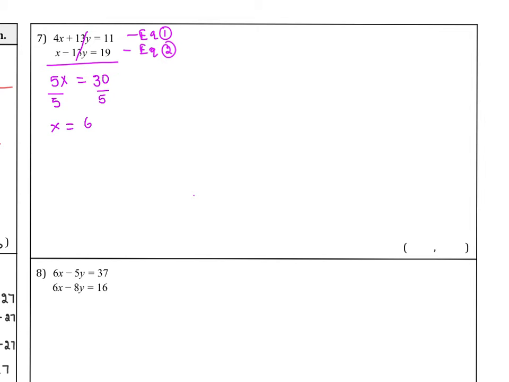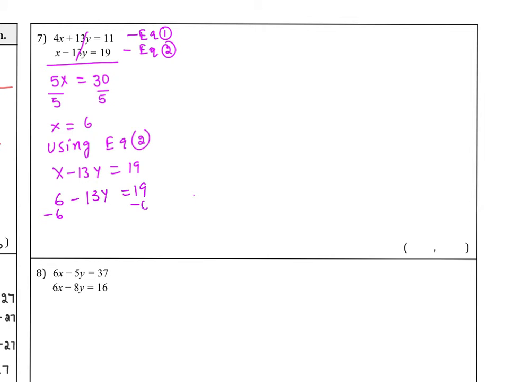Use one of the original equations to plug in x to find y. So I'm using equation number 2 here: x minus 13y equals 19. I'm plugging in the x value as 6, so it's going to be 6 minus 13y equals 19.